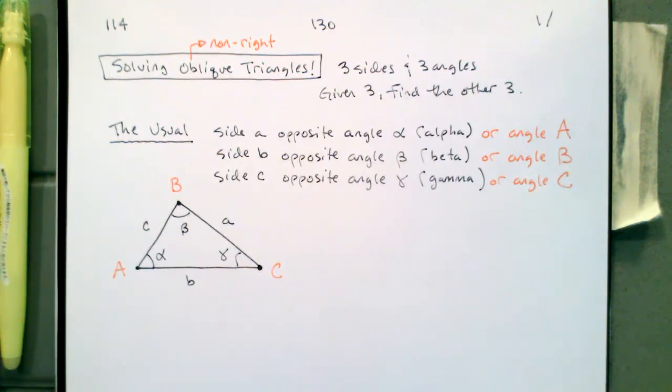This will happen when I get tired of putting in alpha, beta, and gamma when I'm typing up quizzes. I go, ugh, this is such a pain, and I'll just use capital A instead of alpha. It's also common to use capital letters for the angles and lowercase letters for the sides.